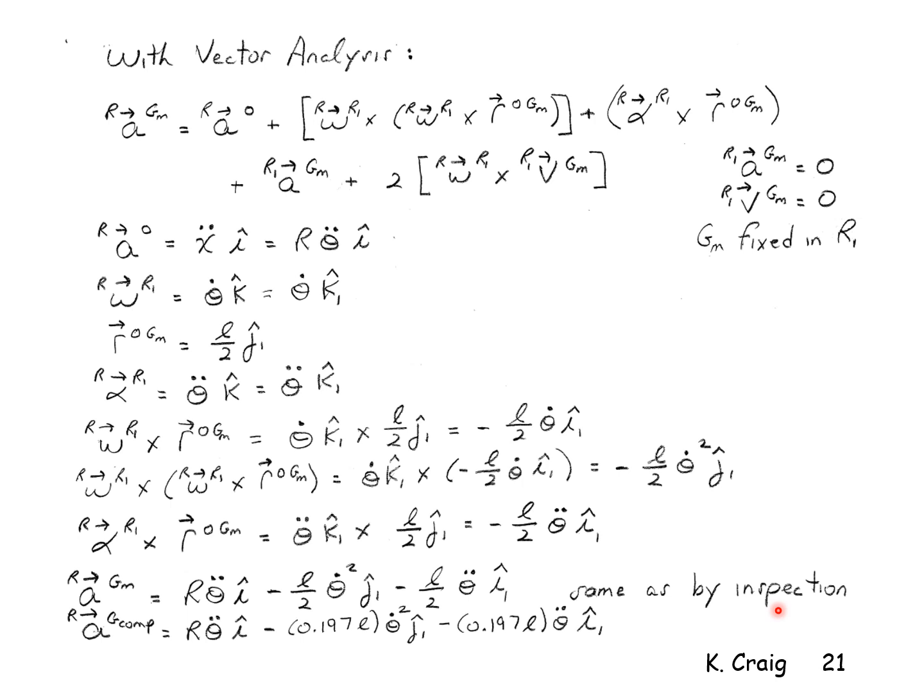So if you can have more than one way of determining an engineering result, either by dynamic analysis using Newton-Euler, or as you will learn in the future, using the Lagrange method, which is an energy method, two ways to determine equations of motion, two ways to get an answer to an engineering problem, the more confidence you'll have in your answer.